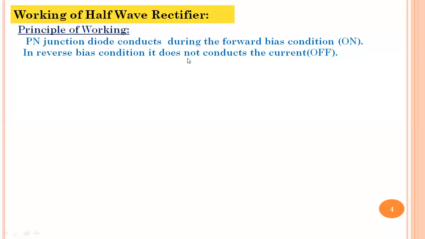That means it behaves like a switch in the off condition, or the device is in the off condition. These two are the important concepts used as the principle of working of the rectifier circuit. Again, if you observe, the AC input cycle has two half sections: one is the positive half cycle, the second is the negative half cycle.